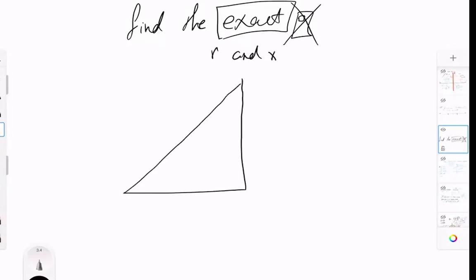Right triangle means you should love it, because with the Pythagorean theorem and all the basic formulas, you don't need the law of sines and law of cosines. We have A here, B here, this is y, this is x, that's r. We are looking for r and x. We have A equal to 23 degrees, B equal to 67 degrees, and y equal to 7.